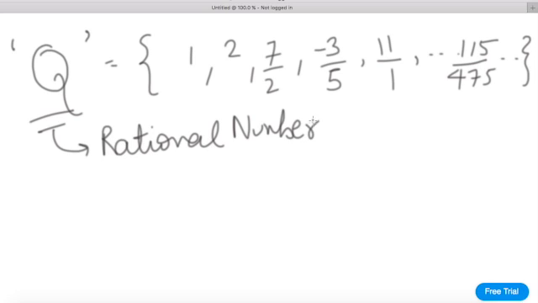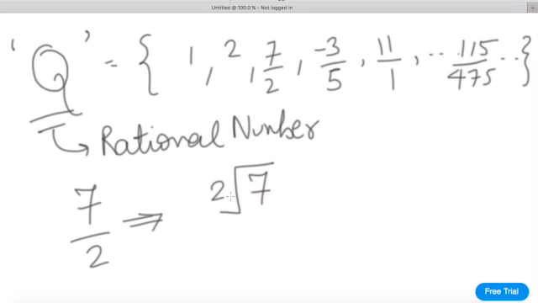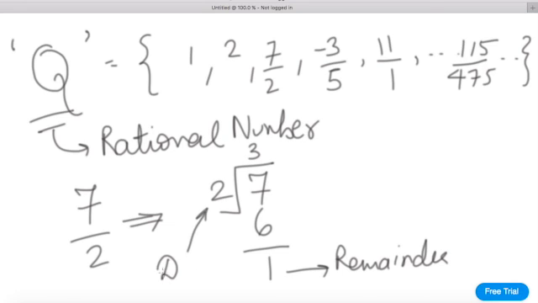Now, why is Q used to denote a rational number? Let us understand the logic behind it. Let us say I divide 7 by 2 and show that division. So 7 divided by 2: 2 3s are 6. So this is the remainder. This is the divisor.